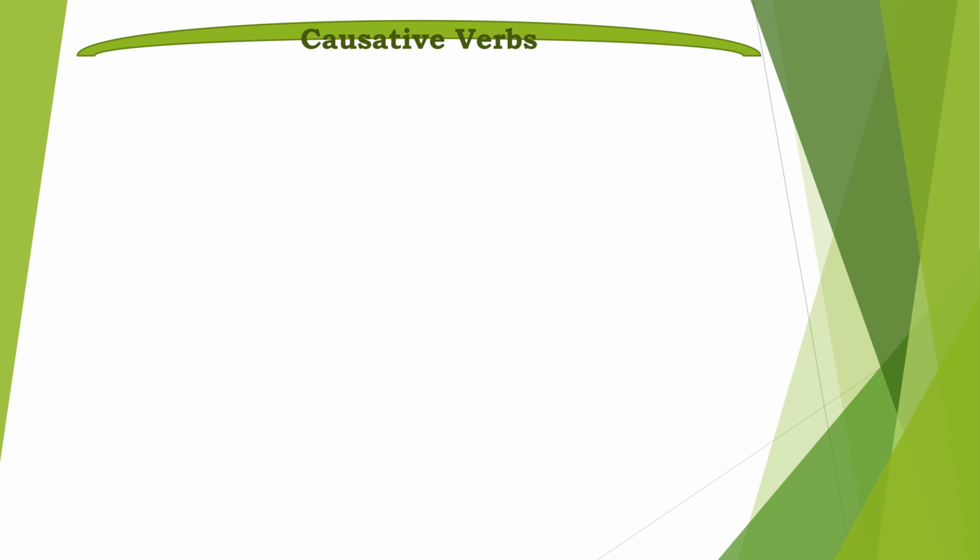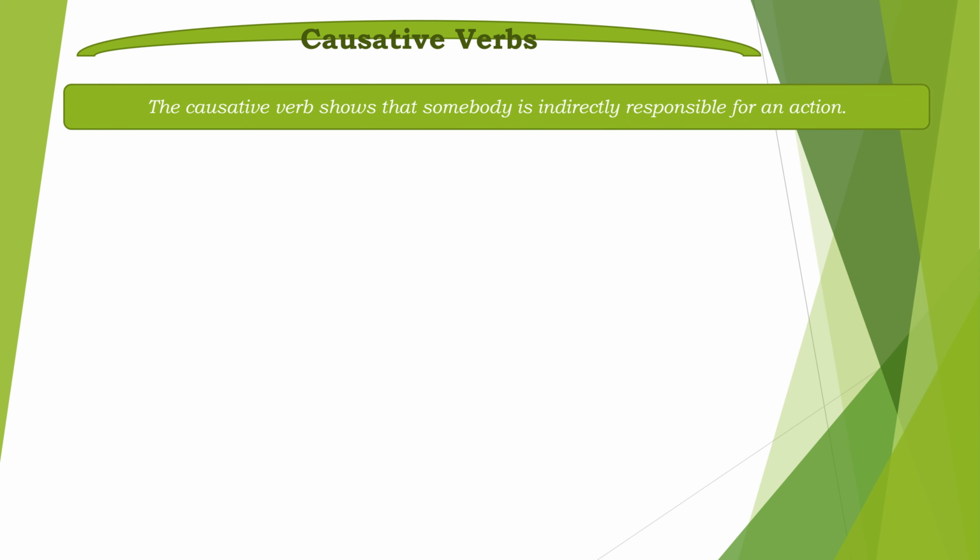Let's continue our learning about causative verbs. On this slide, I have provided you the same definition, and I'm going to teach you in comparison. I will show you two sentences. One is a regular sentence and the other one is a causative sentence. By making a comparison, we can learn better.